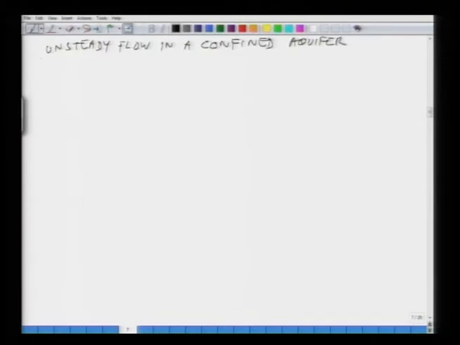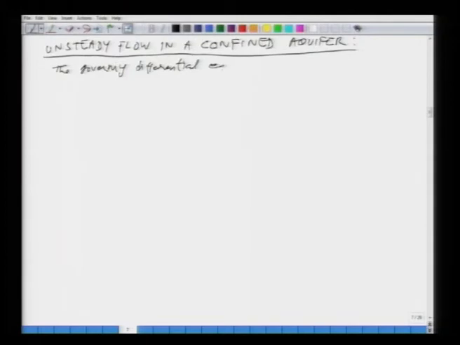We are no longer going to worry about things becoming steady state. This we are actually going to look at very quickly. The governing differential equation in a confined aquifer.